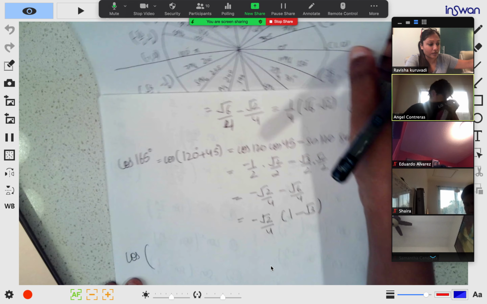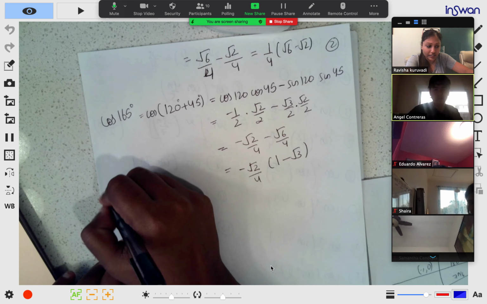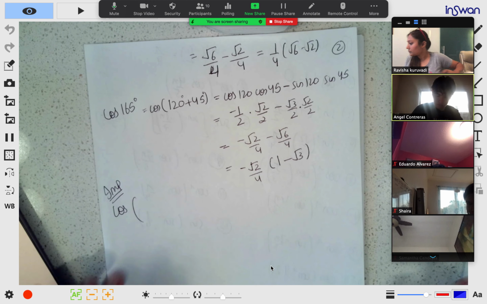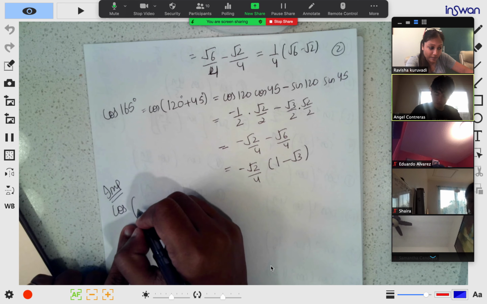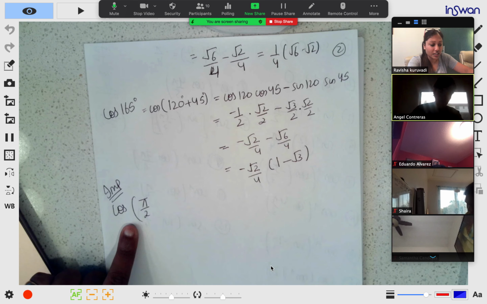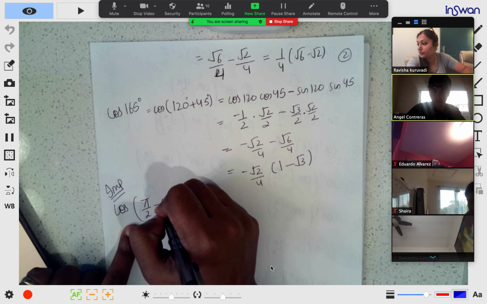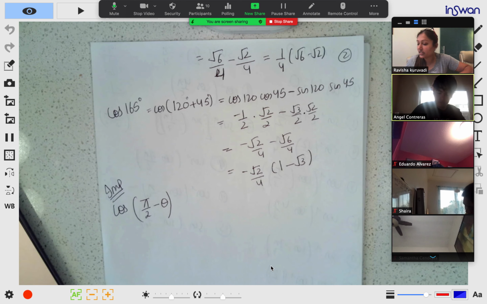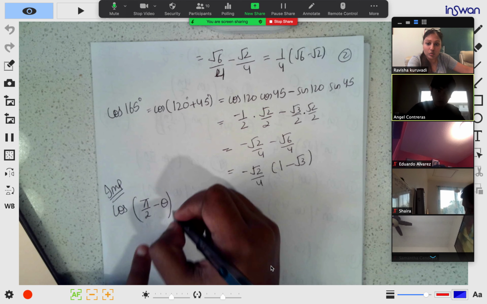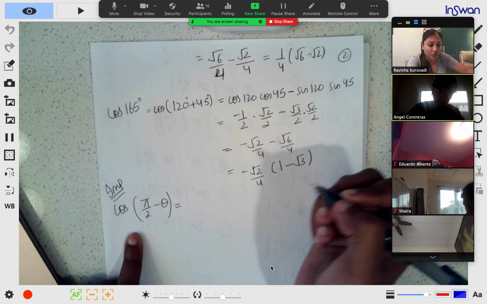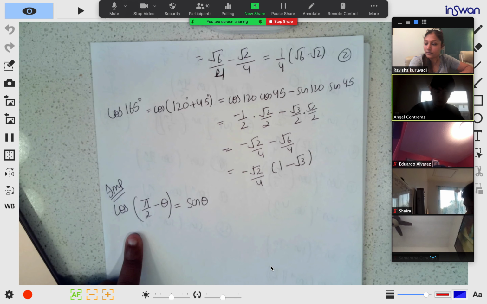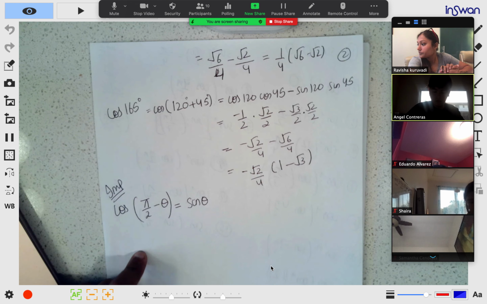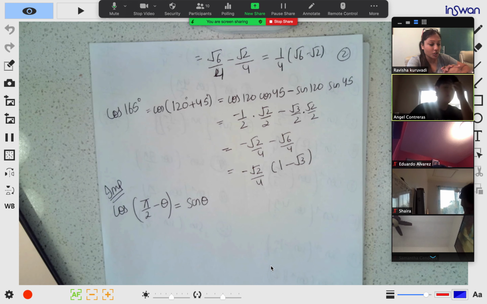Other properties. Important properties here, this is very important. If you have cosine of pi by 2 minus theta, so from 90 degrees you are subtracting some angle, it will just be equal to sine theta.